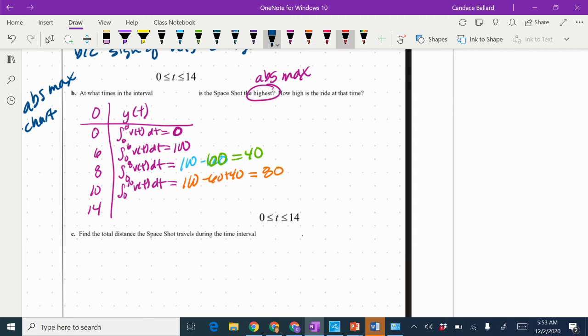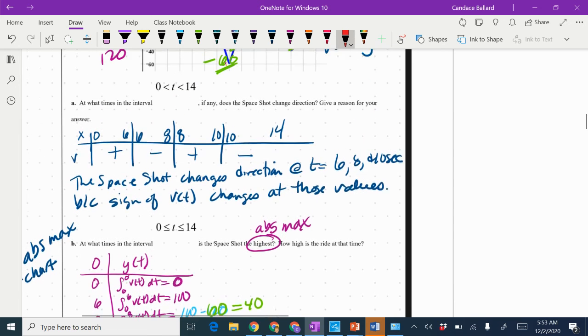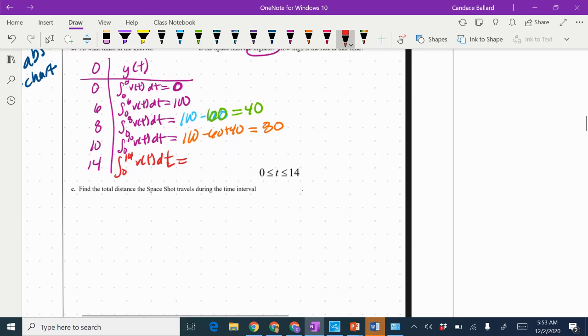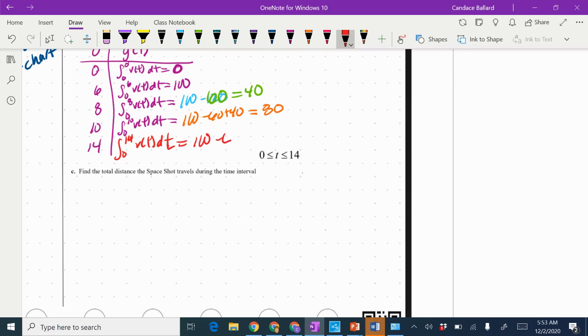And now I have to do from 0 to 14 of v of t dt. So 0 to 14 is going to be the whole thing. So it's going to be 100 minus 60 plus 40 minus 80, and we should end up with a 0 on that.